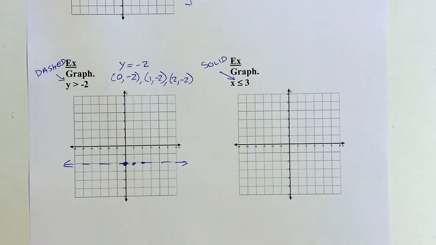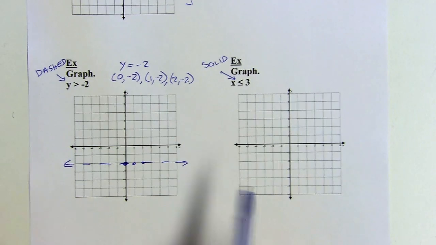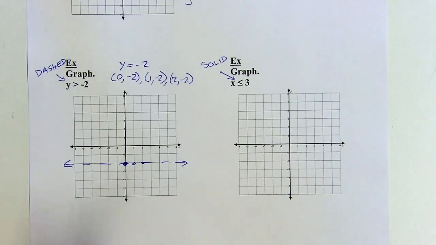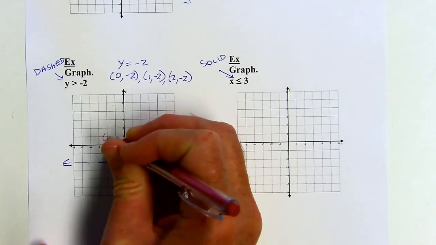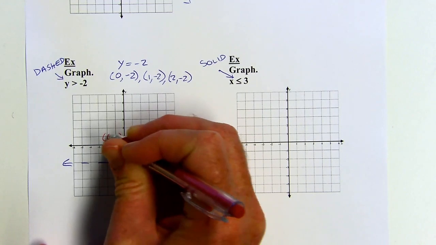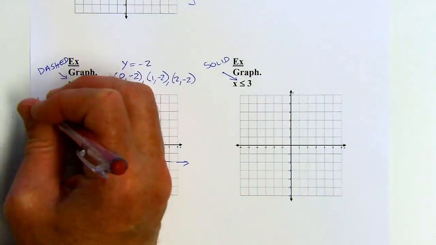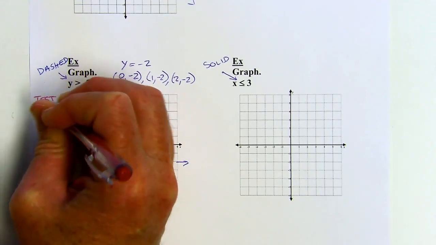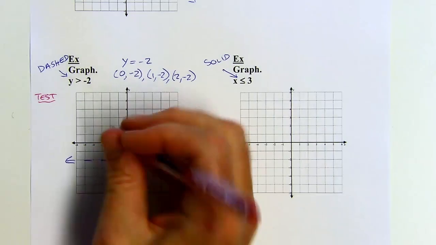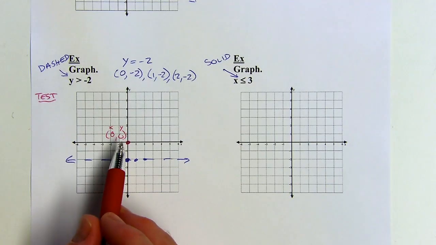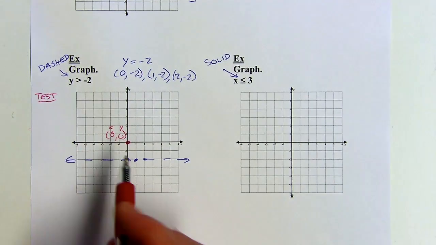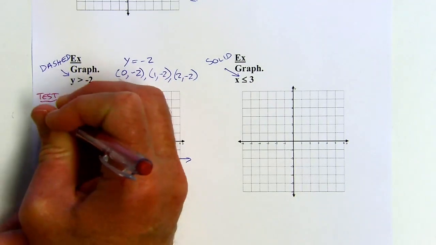Okay, and then you can do this with a test point still. So I can plug in 0, 0, and I'm going to plug that in for x and y. There's nowhere to plug in the x, so let's just plug in the y.